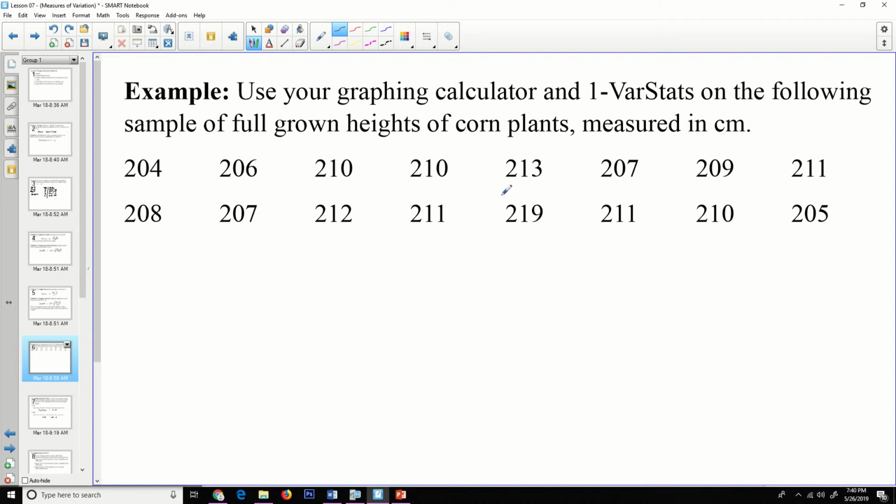So I'm going to enter this data set into the value, and we're going to talk about what the 1-variable stats give us, even though we've kind of done this once before.